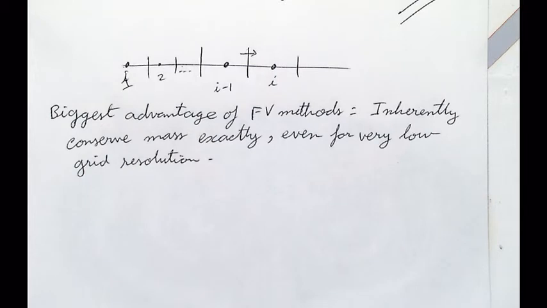For finite difference, we had a similar concept, right? Why don't we have that conservation of mass inherently in finite difference?